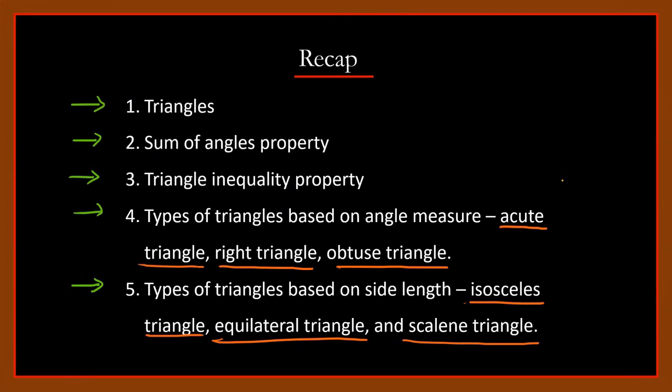You learned about types of triangles based on angle measures, which are acute, right and obtuse triangles. You also learned about types of triangles based on side lengths, and these are isosceles triangles, equilateral triangles whose sides are equal, and scalene triangles.